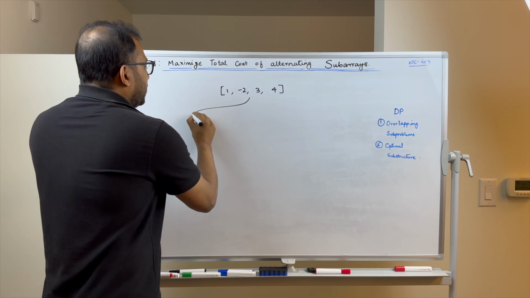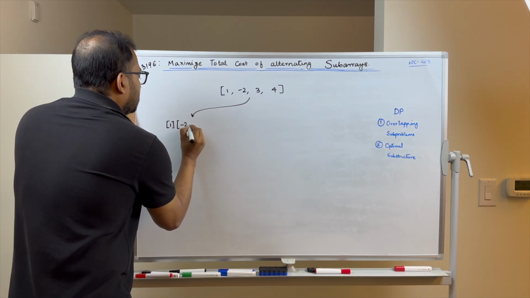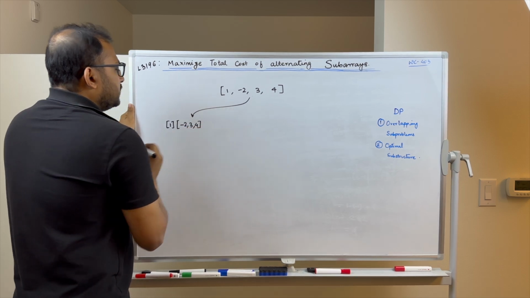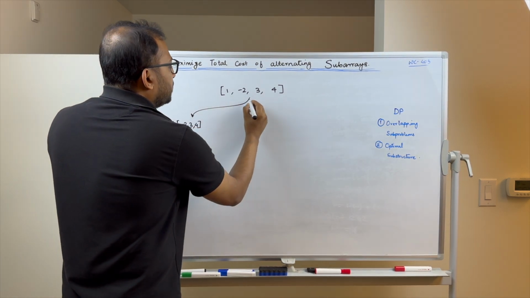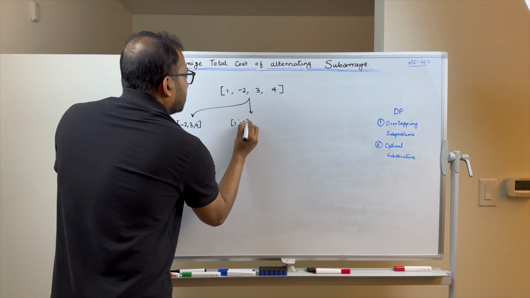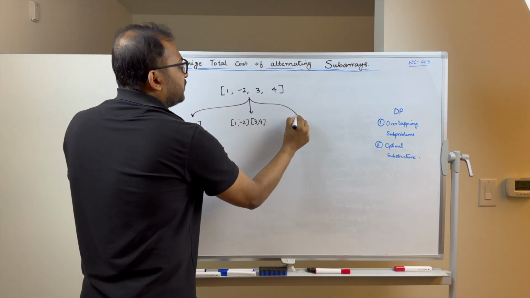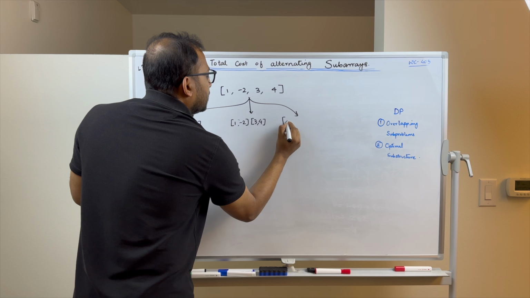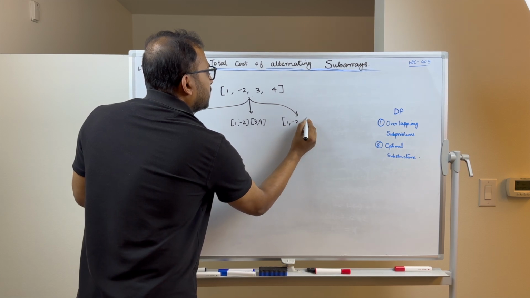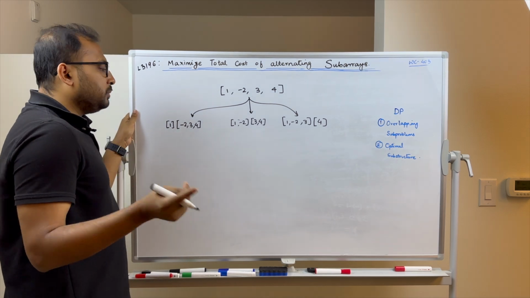Let's draw a tree diagram. Either we split it here, so we get something like this, or we can split from here, which means after the first split it will be like this. We can also split it from here, which means we can have something like 1, -2, 3, and the final is 4. If we apply only one split, this is what we get.